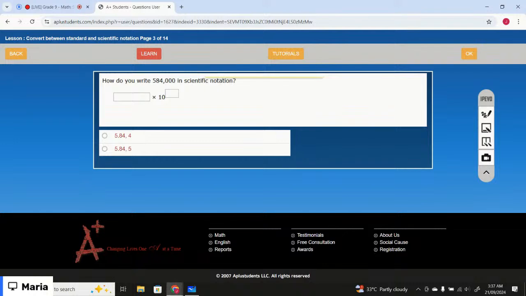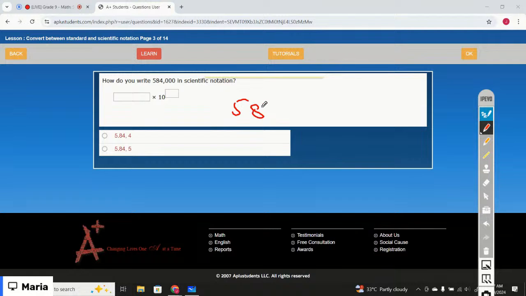How do you write 584,000 in scientific notation? So you have to write it in scientific notation, right? That is 584000. You need to move decimal point from here, 1, 2, 3, 4, 5. You need to move from here to here. So you moved 5 places back, right? That is 5.84 times 10 exponent 5. Got it? So which is the correct option?